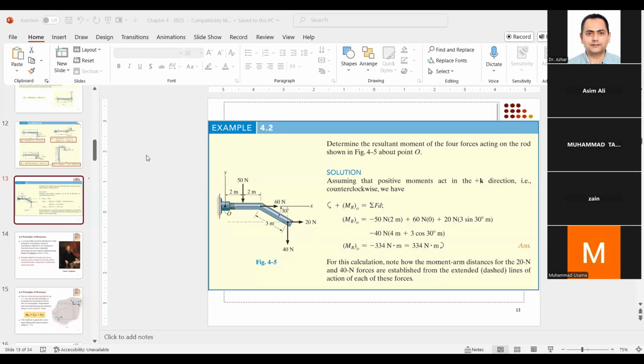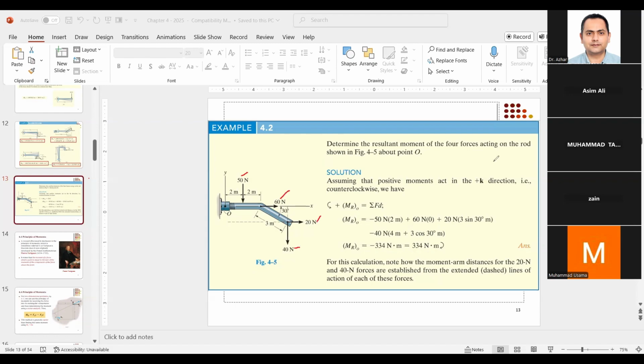So you can see on the slides. Okay, in this problem we have four forces: 50, 60, 20, and 40.